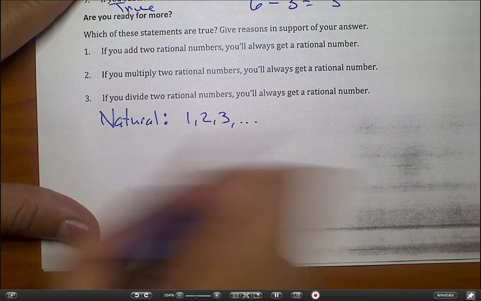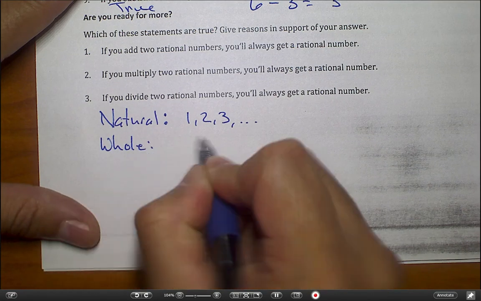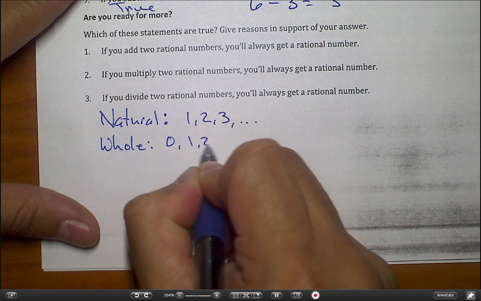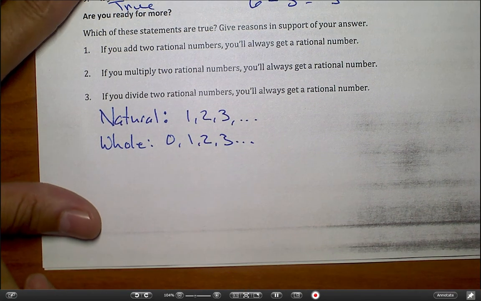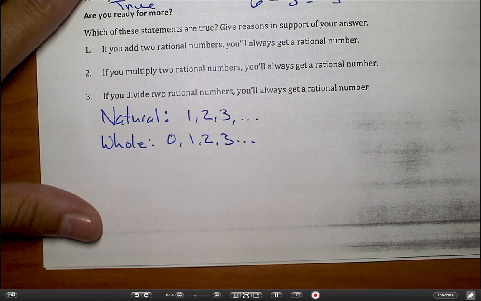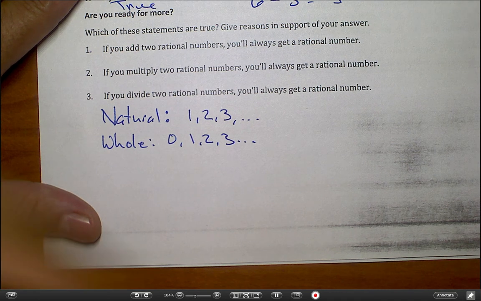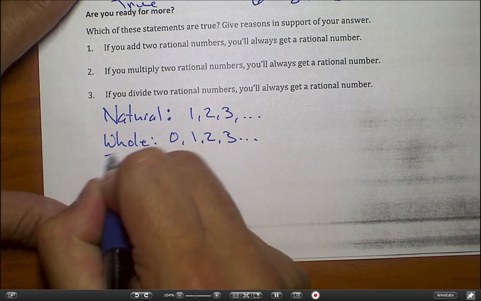After natural would be whole, which would start at 0 and then 1, 2, 3. After that, we have integers.